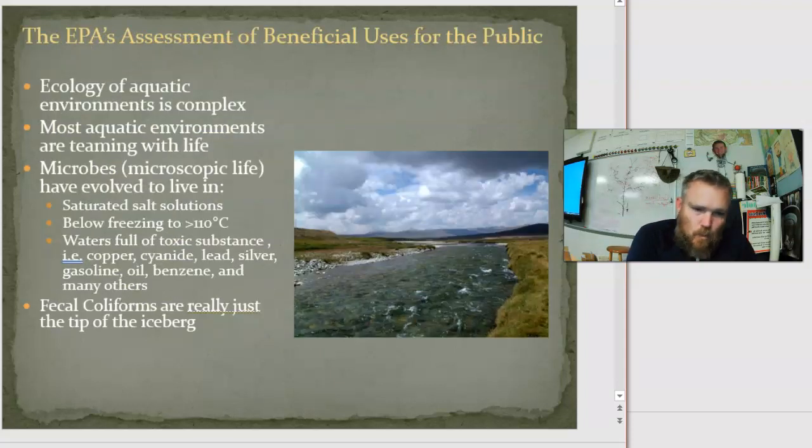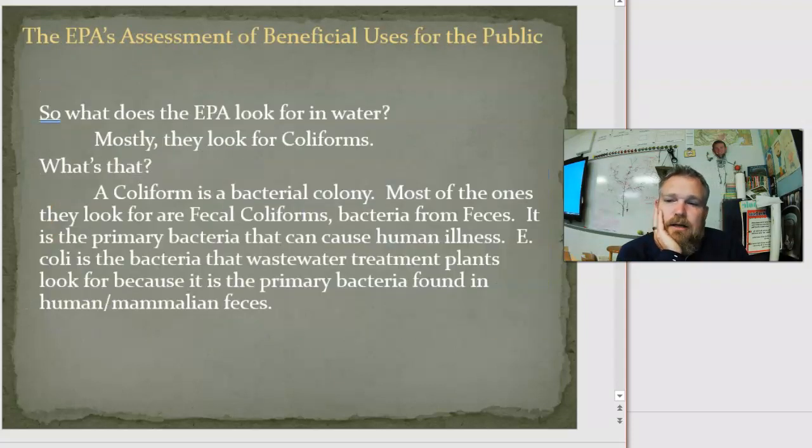So what we really look at though is the EPA, or Texas Commission on Environmental Quality, for the most part is looking at bacteria first. That's the easiest one to check first, and that's usually the thing that makes us the sickest most acutely, meaning quickest.